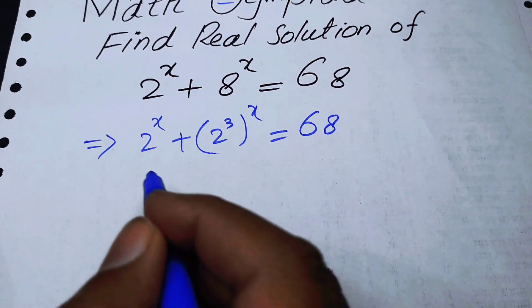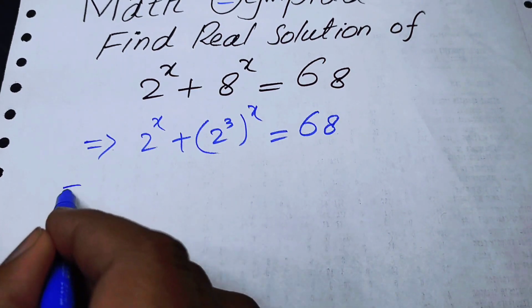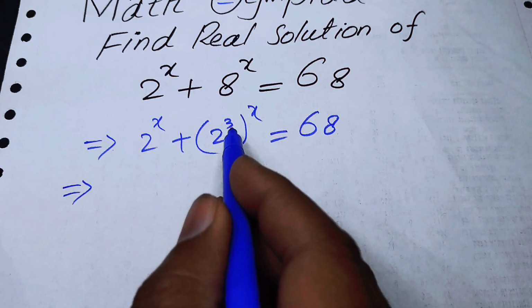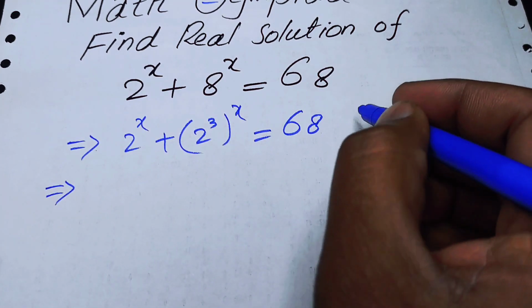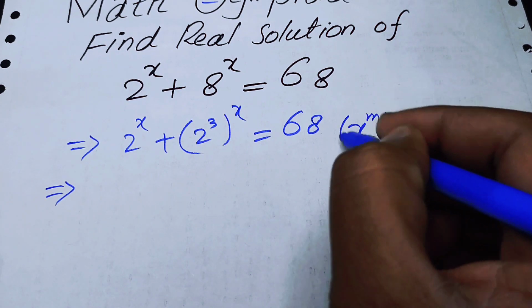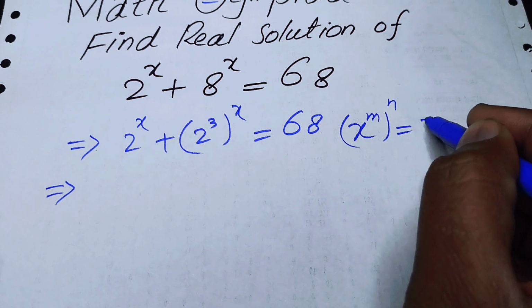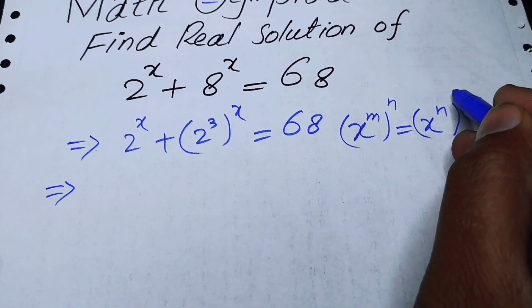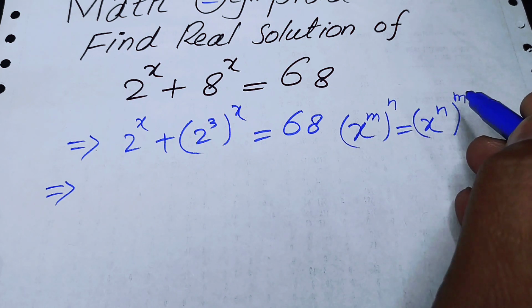Now we move towards the solution, and here we will rearrange this term. You know that in the exponent law, x to the power of m, to the power of n, can be written as x to the power of n, to the power of m.